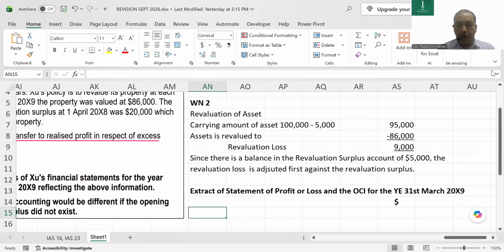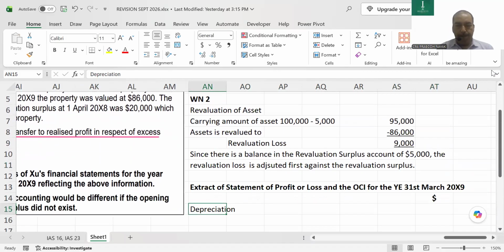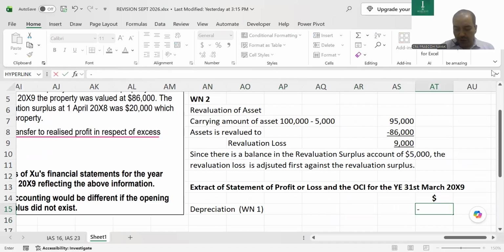So what all things will come over here? What all things will come in the statement of profit and loss? Depreciation, as per working note 1, 5,000. Since it's a loss, I'll show it as minus 5,000.